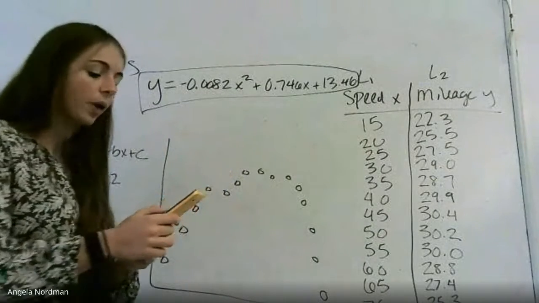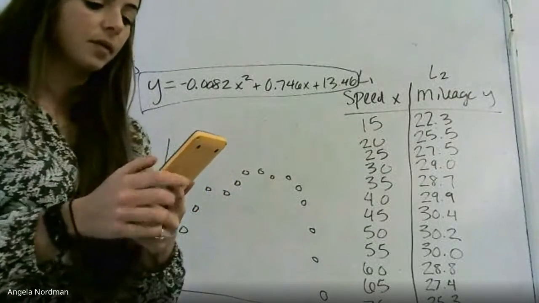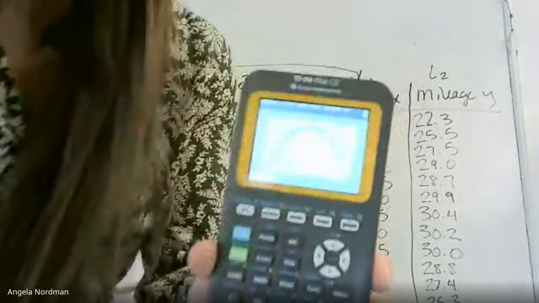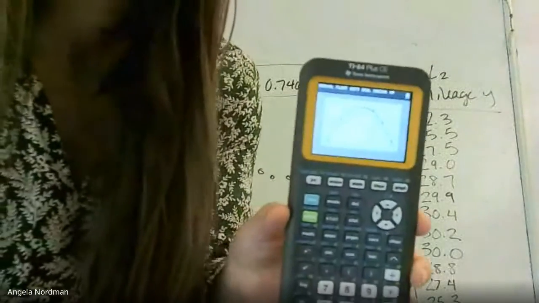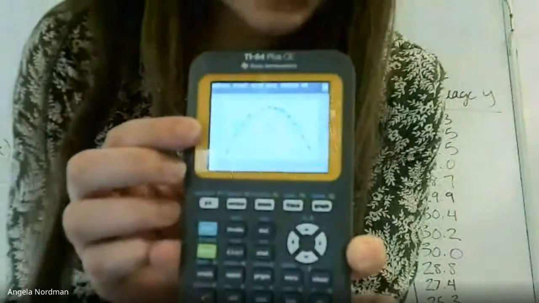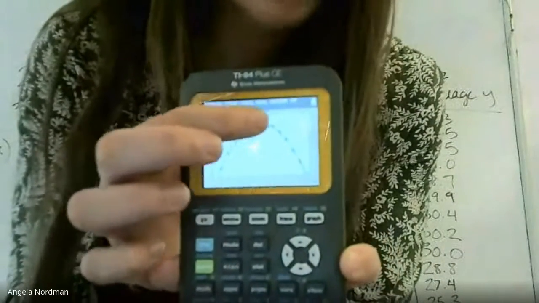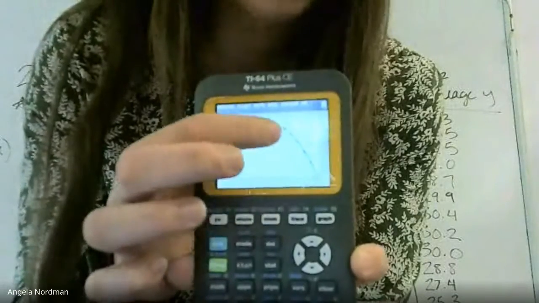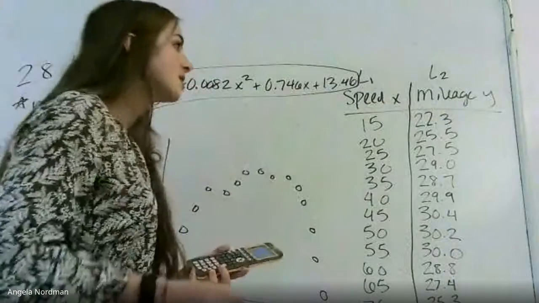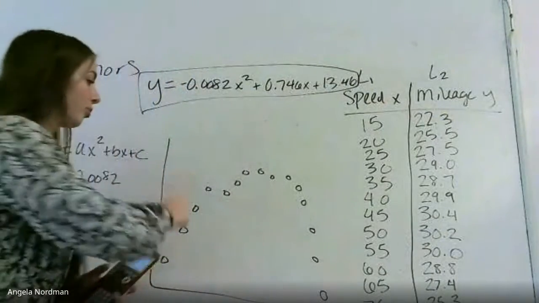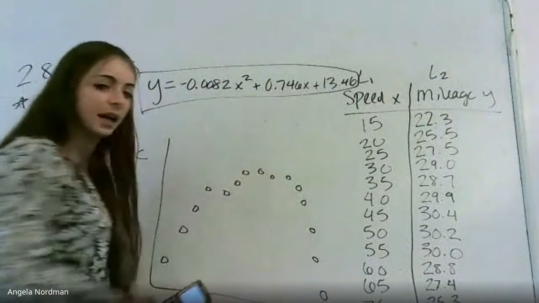Then go ahead and press graph. On my calculator you can barely see, hopefully you're at least able to see that now I have this regression line through these points. This is showing me my regression model through all of the data points that I entered.